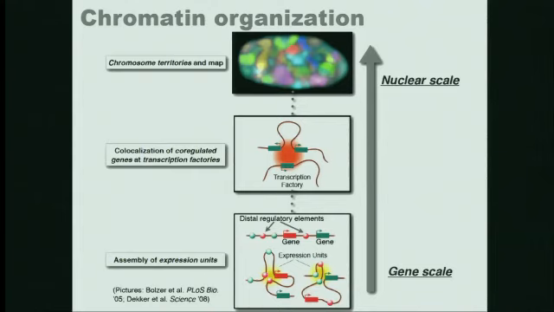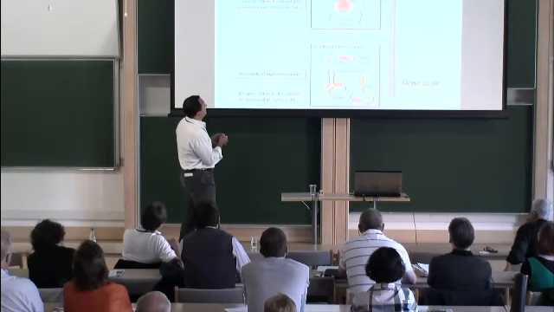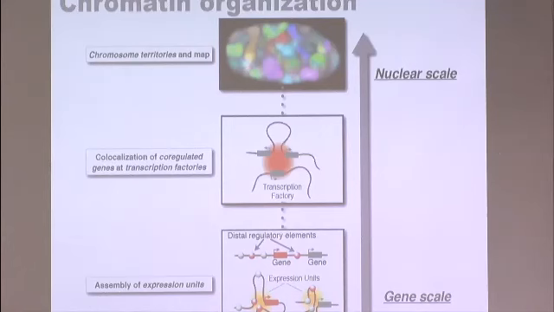And as we've listened this morning, the organization goes up to the scale of the entire nucleus in higher eukaryotes. This is a picture of the nucleus of a human cell line, and the different colors are the chromosome territories. So chromosomes are not randomly mixed, but they tend to occupy specific regions.